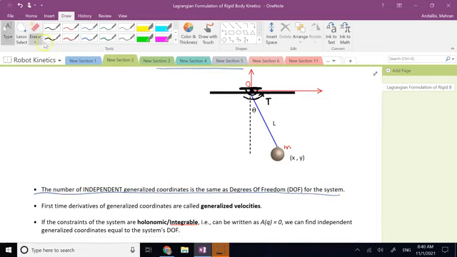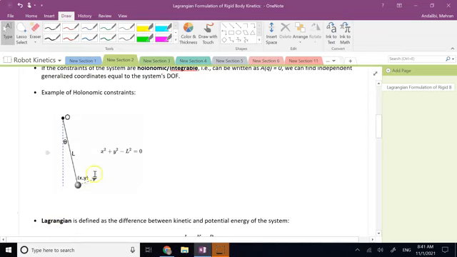So for this pendulum, the degree of freedom is only 1. So ideally, we better only go with one generalized coordinate, which in this case is theta, and that works just perfectly. But if we go with this selection of x and y, here we have two variables in my generalized coordinate vector.